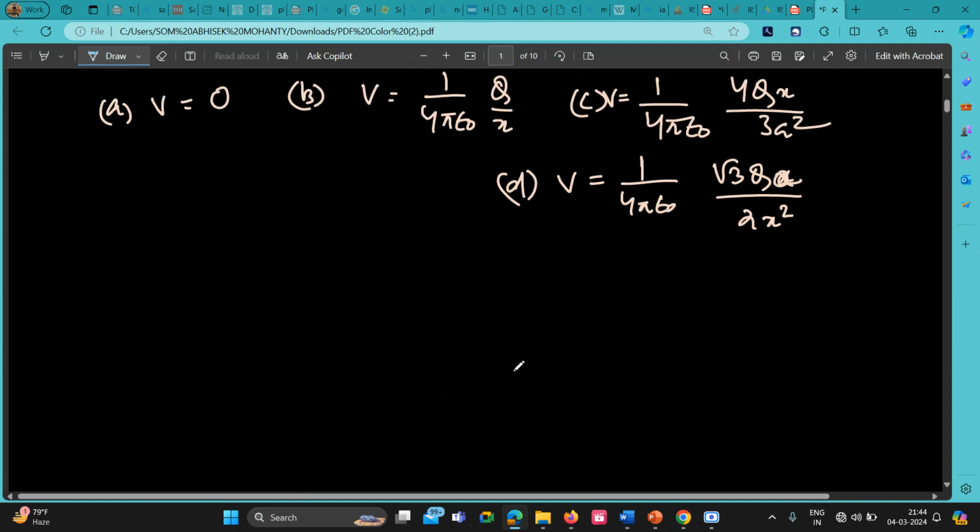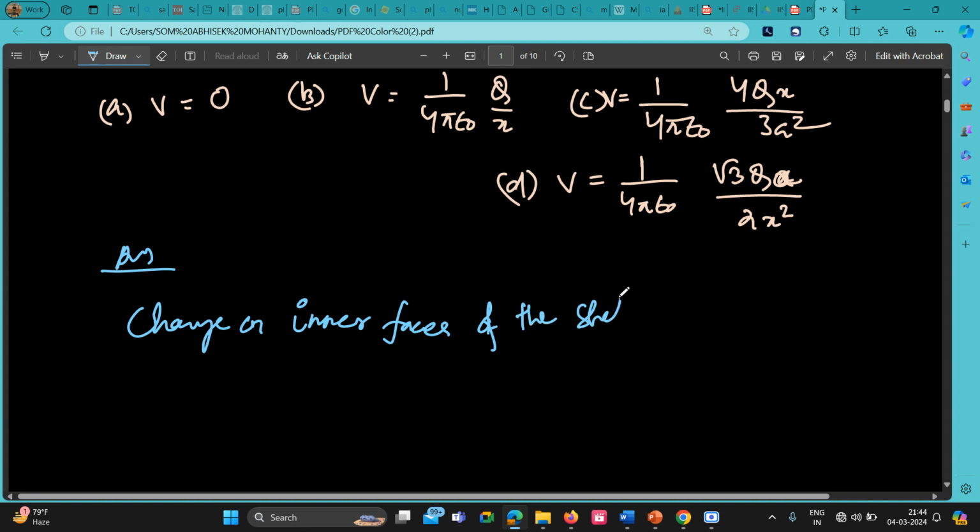So just write: charge on the inner faces of the cell is equal to minus Q. As the cell is grounded, this minus Q will persist.